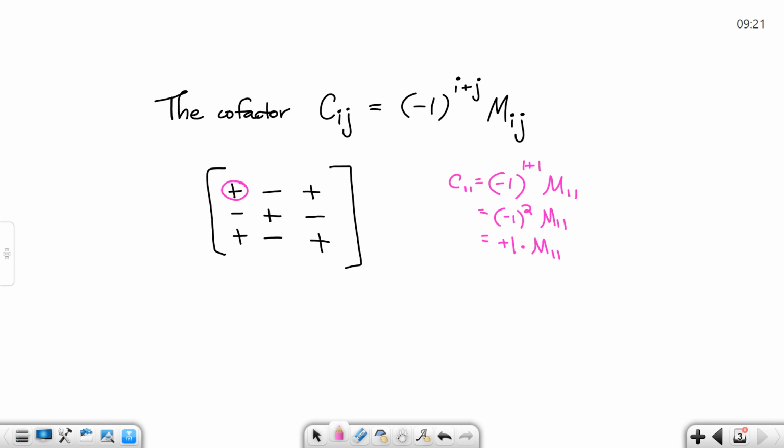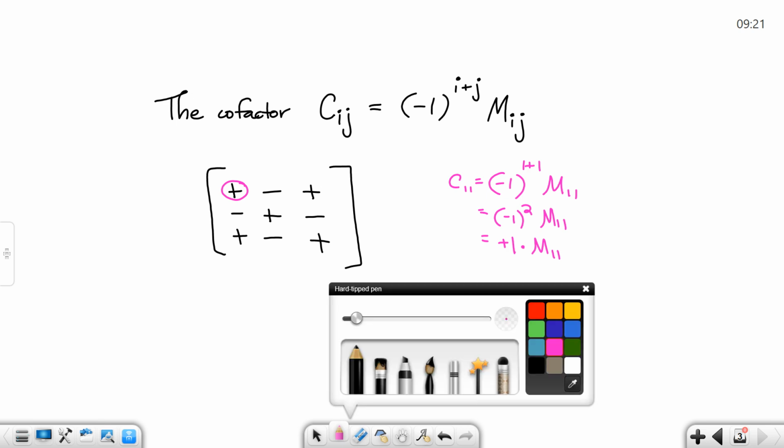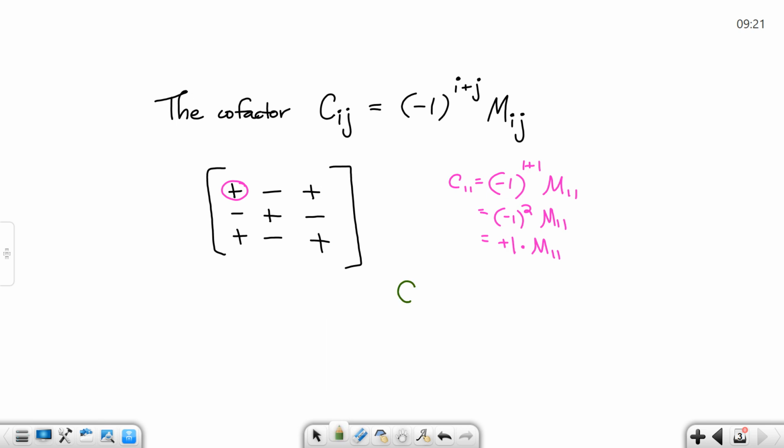Let's do one more just for fun. So let's do C1,2. C1,2 would be negative 1 to the 1 plus 2 times M1,2. So this would be negative 1 to the 3 times M1,2. And negative 1 to the 3 is what?